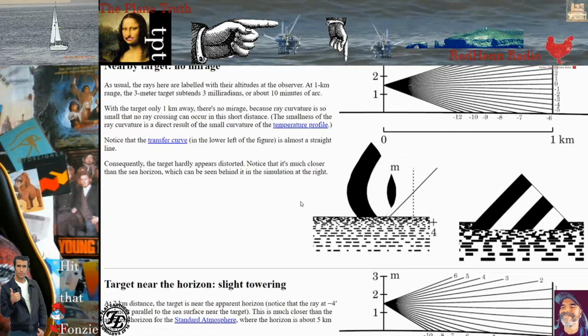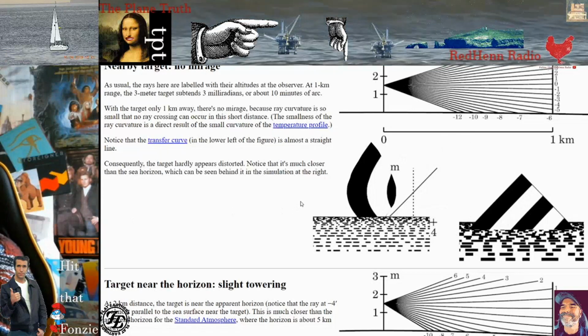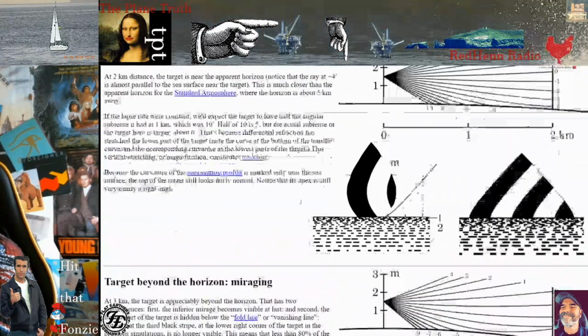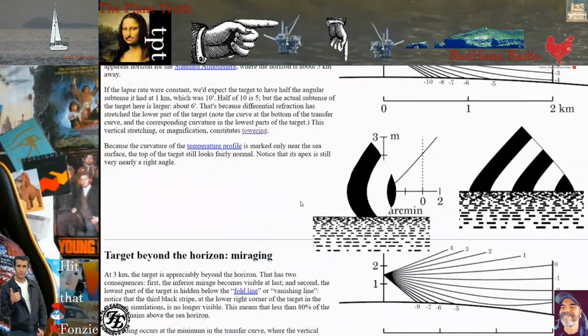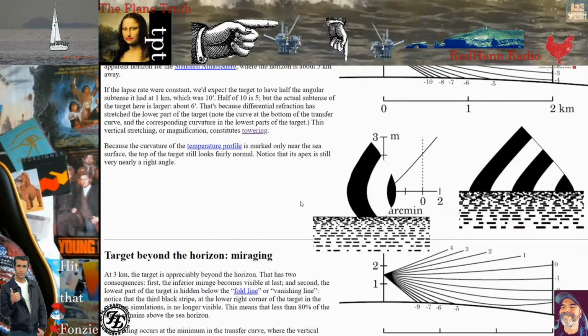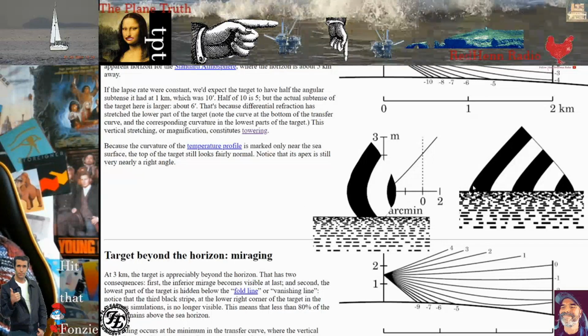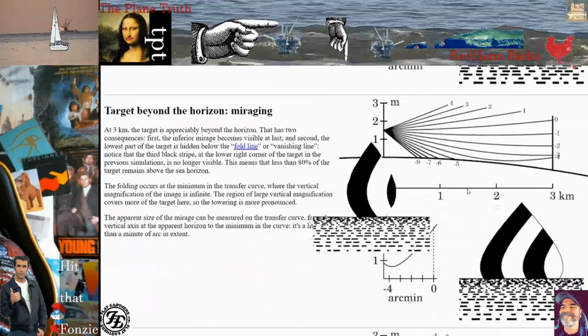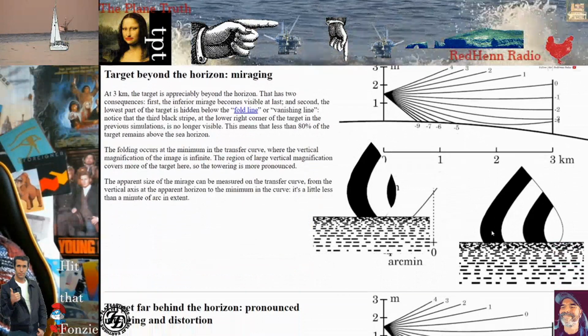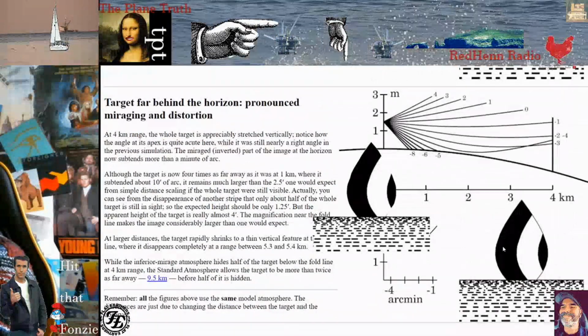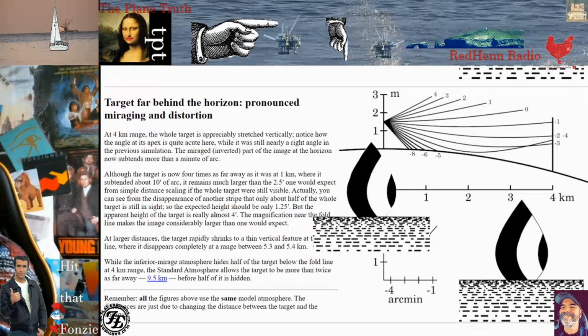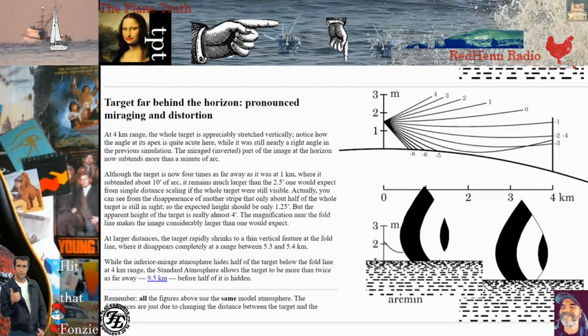Okay, so here's the first step, no mirage. Here's the second step where he's moved his observation back 1 kilometer, and you're starting to get this inferior mirage. And then you've got more, and then you've got even more. Okay, so this is for him, he's moving the distance back 4 times.